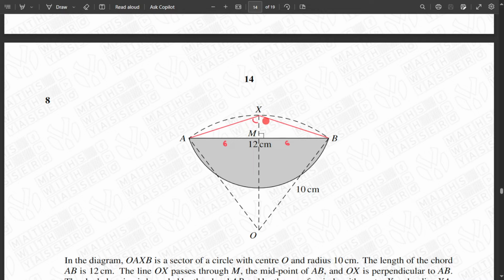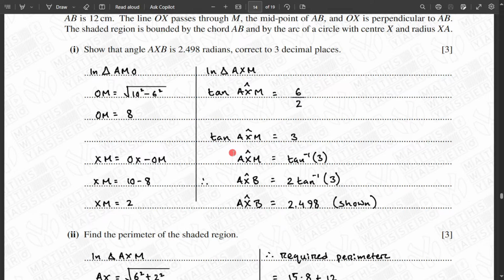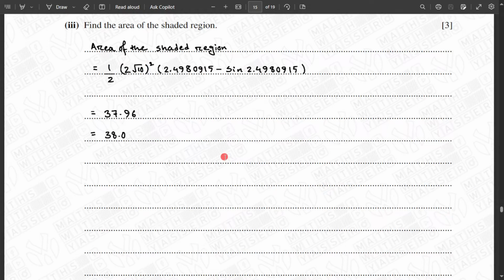We know the angle and we know the radius as well. So this will be half times 2 root 10 whole squared, times 2.4980915 minus sine theta. And that will give you 38 unit squared.